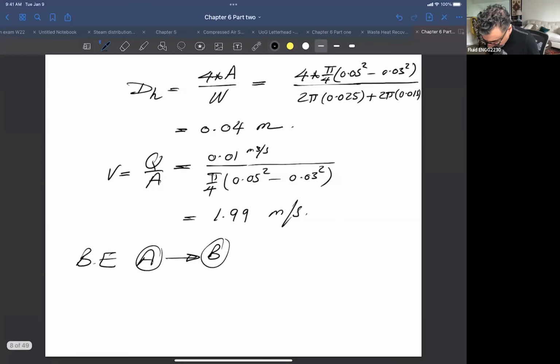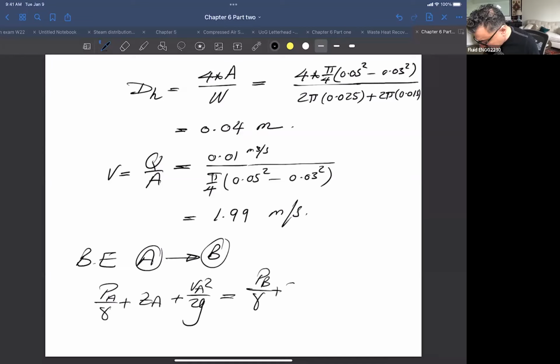So I can say PA over gamma plus ZA plus VA squared over 2g equals PB over gamma plus ZB plus VB squared over 2g plus H loss from A to B. This is just a straight pipe, with no fittings, so this is basically friction losses.